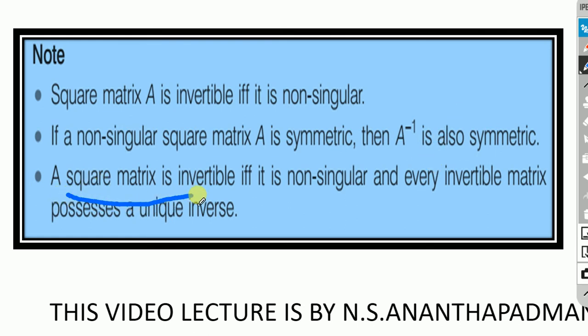A square matrix is invertible if and only if it is non-singular, and every invertible matrix possesses a unique inverse. So you cannot get more than one inverse for any matrix.